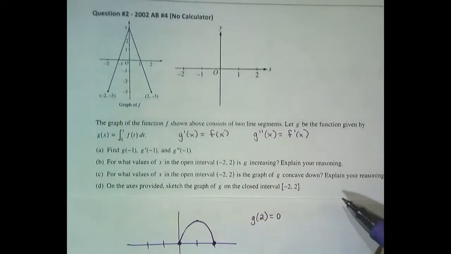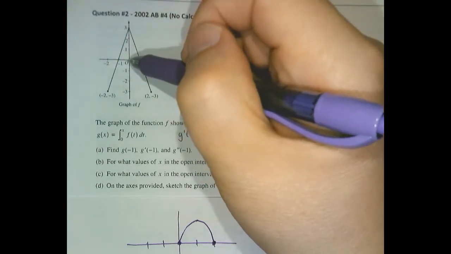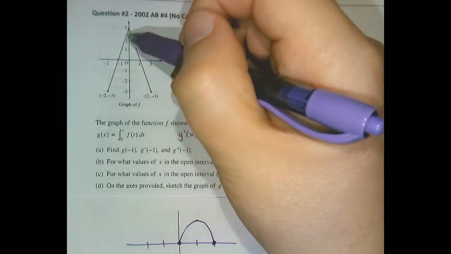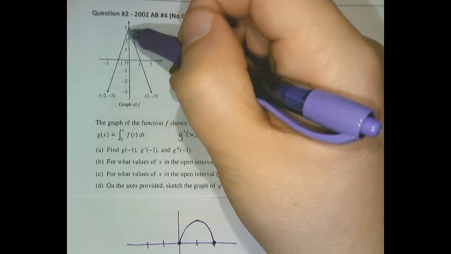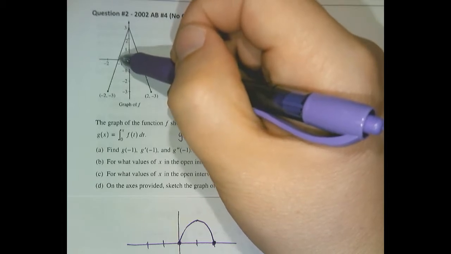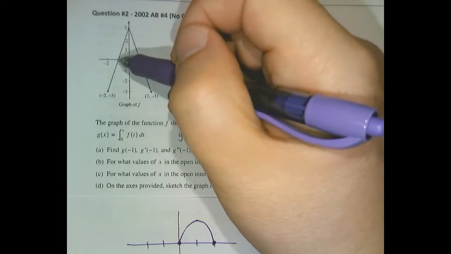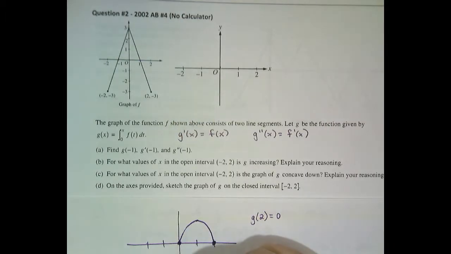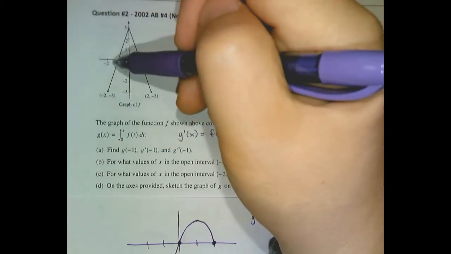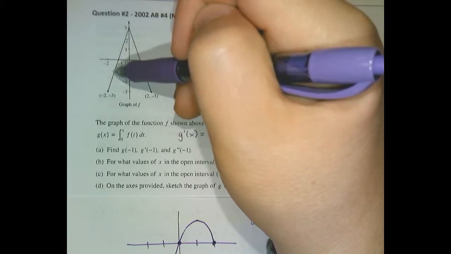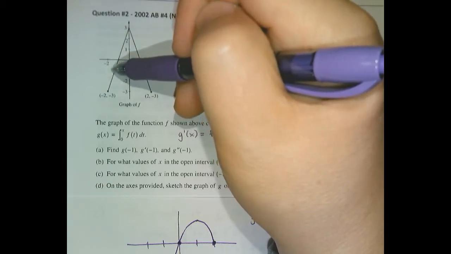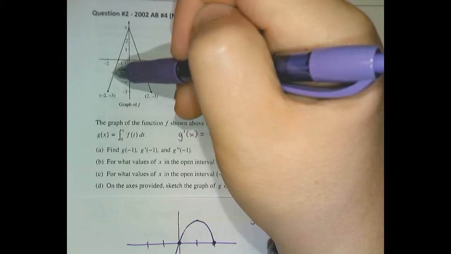Working backwards, we can do the same thing. On the interval from -1 to 0, g will be increasing because the graph of g prime is positive, and g will be concave up because the graph of g prime is increasing. Increasing and concave up. And then in the last interval from -2 to -1, the graph will be decreasing because g prime is negative, and concave up because the derivative is increasing.